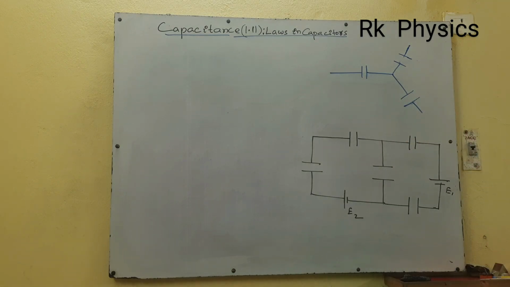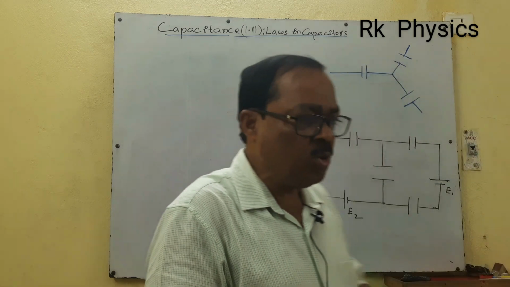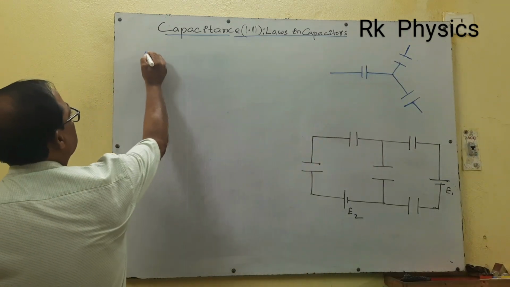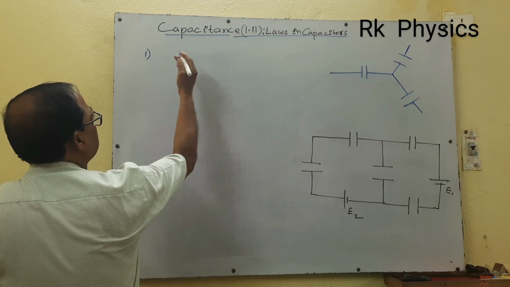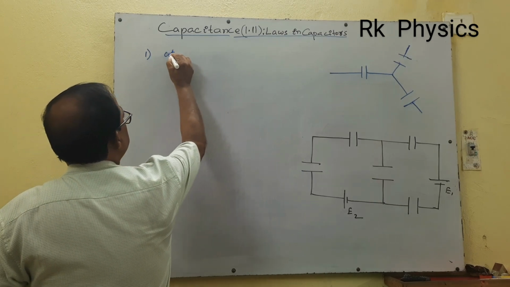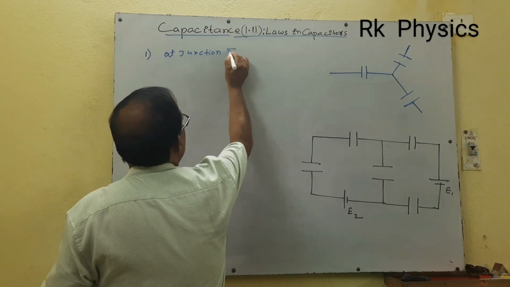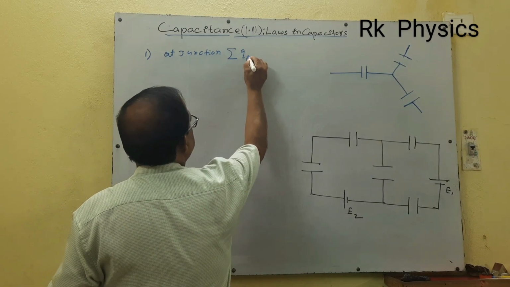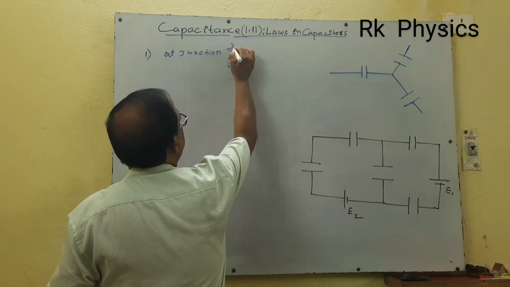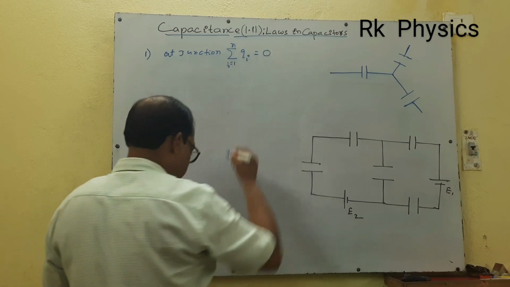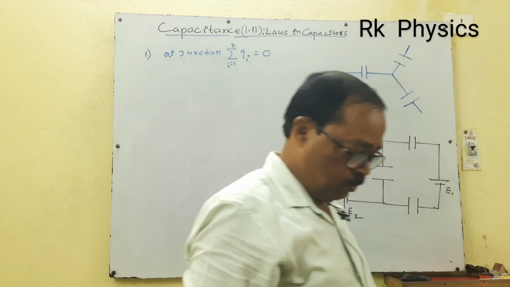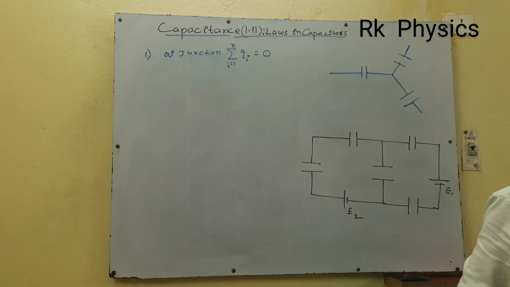Okay, now the first rule, or first law: at any junction, the algebraic sum of charges, i equal to 1 to n, equals 0.